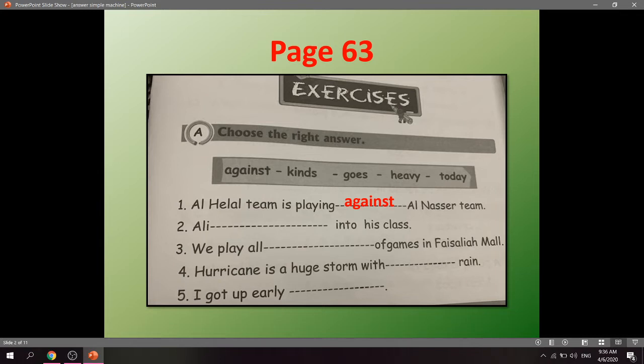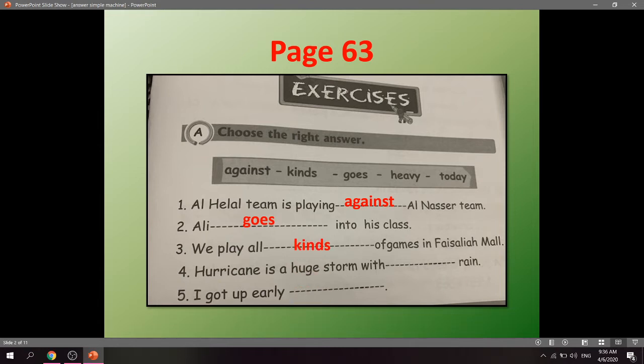Number 2, Ali goes into his class. Exactly. Number 3, we play all kinds of games in Faisaliya Mall. Exactly.